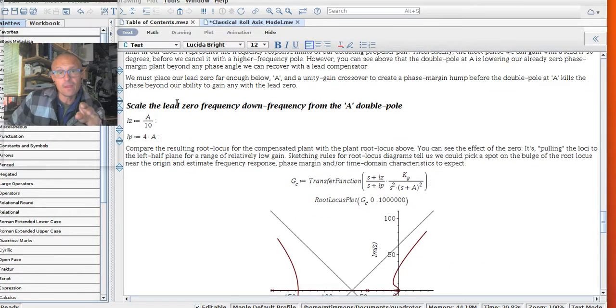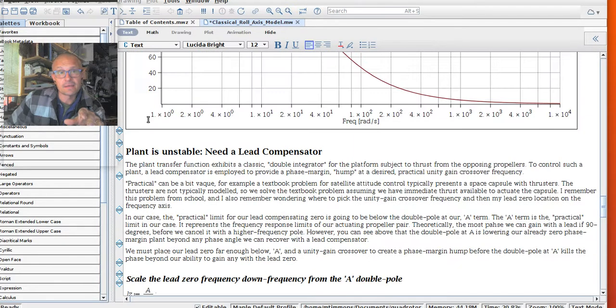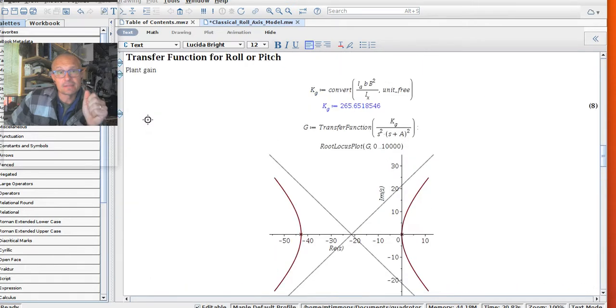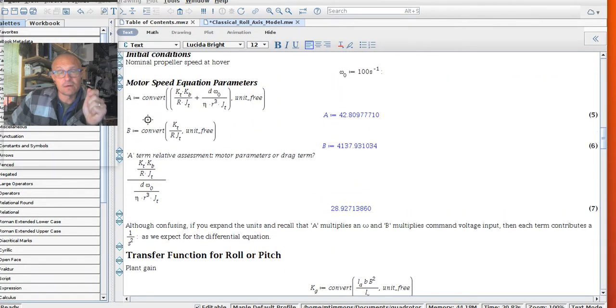We are governed by the speed of that double pole at A, and that is a result of the motor dynamics and the total moment of inertia.